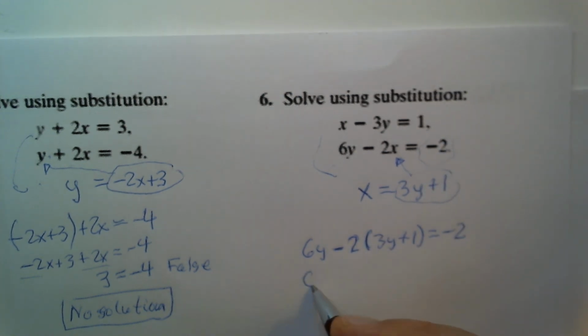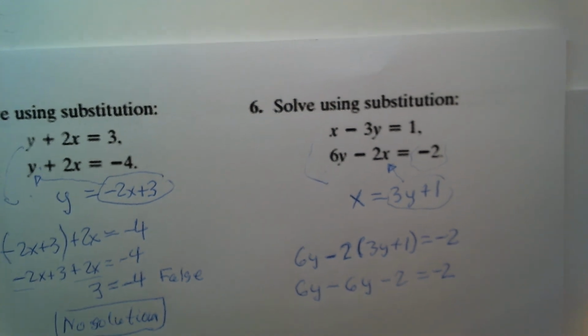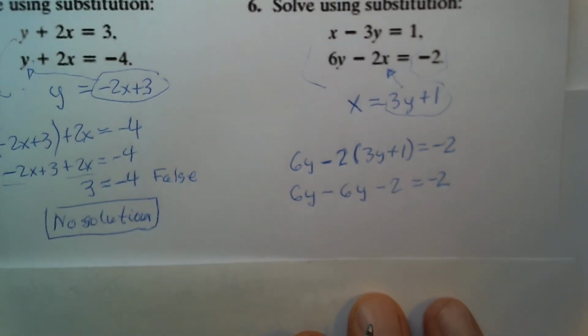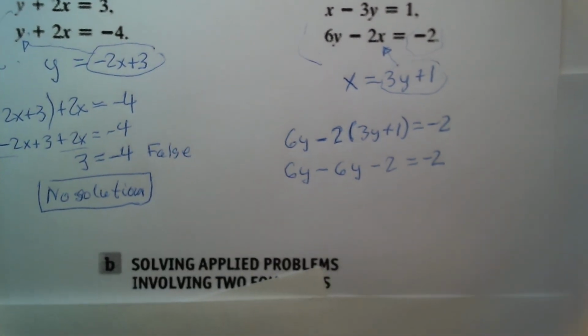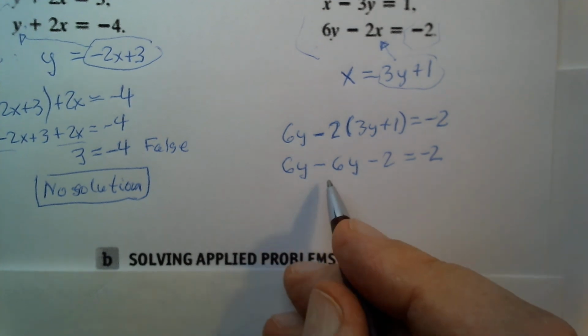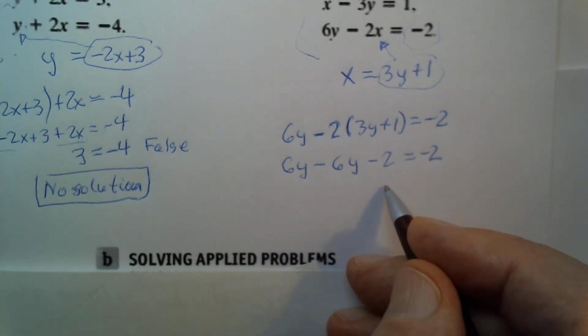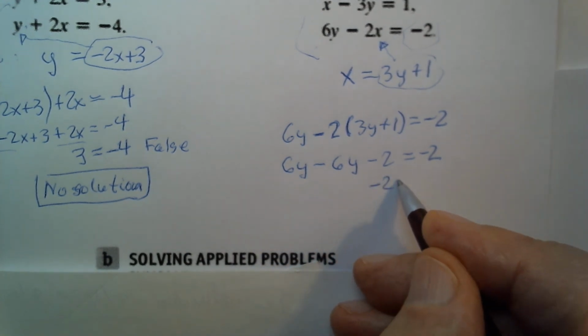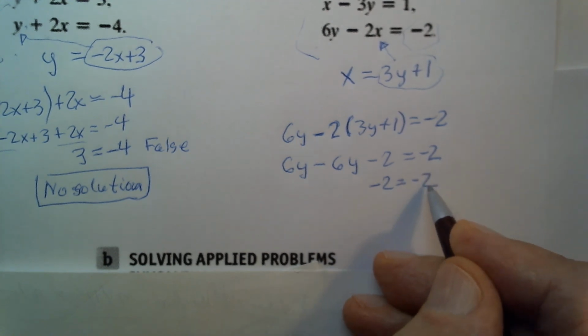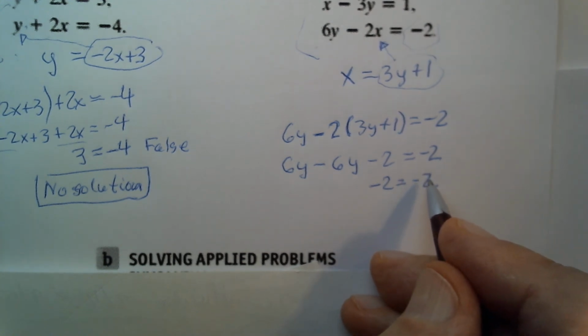So we have 6y minus, using the distributive property here, minus 6y, and minus 2 times 1 is minus 2, equals negative 2. When we combine like terms on the left side, we notice that 6y minus 6y is 0, and of course minus 2 equals negative 2. And that is a true statement.